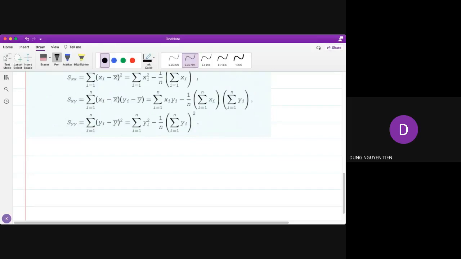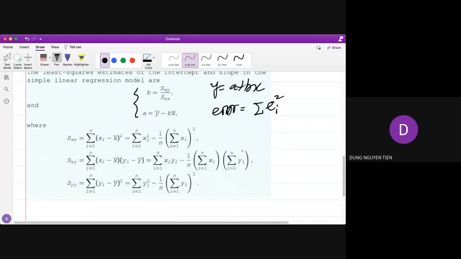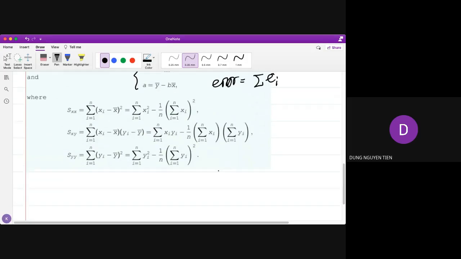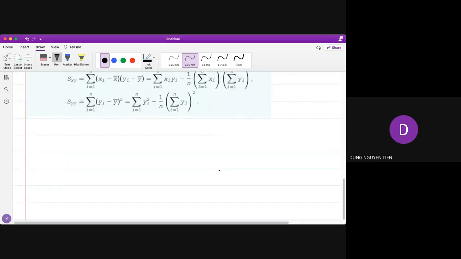Okay. So now I will remind you what you studied in linear algebra to get the coefficients for the case of a linear model. What we studied can be applied for general cases, so you can apply that to nonlinear regression models.